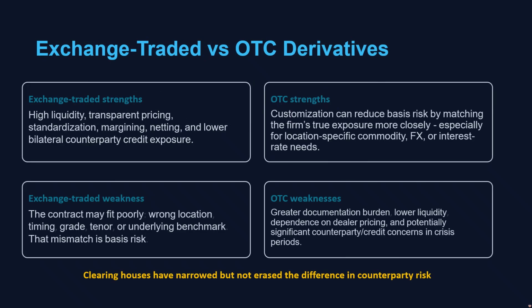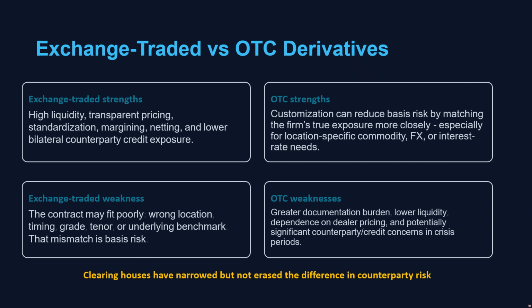Now we are comparing exchange-traded and over-the-counter derivatives. Exchange-traded derivatives are standardized, centrally cleared, and generally more liquid contracts. Daily margining reduces counterparty credit risk, although it introduces new liquidity demands because adverse price movements create variation margin calls. We will discuss margining and these types of derivatives in our future videos.